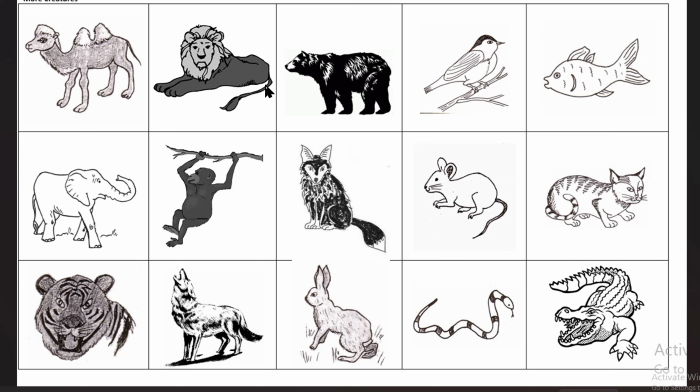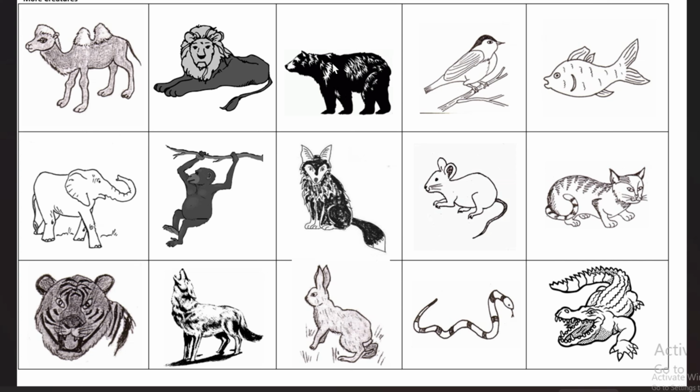All right, the next one, khers, bear. This is a bear.